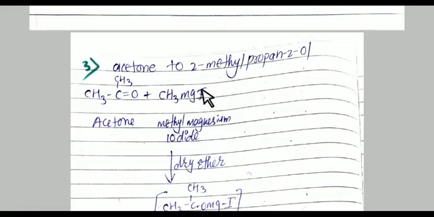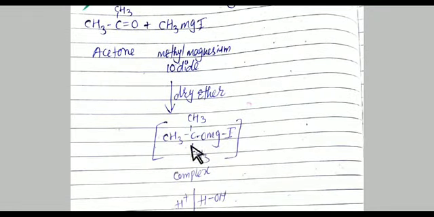In place of I, you can write chlorine or bromine also. I am using iodine here. So the complex is formed, with the vacant valency of carbon containing the alkyl group, here CH3, and oxygen attached to magnesium and iodine.